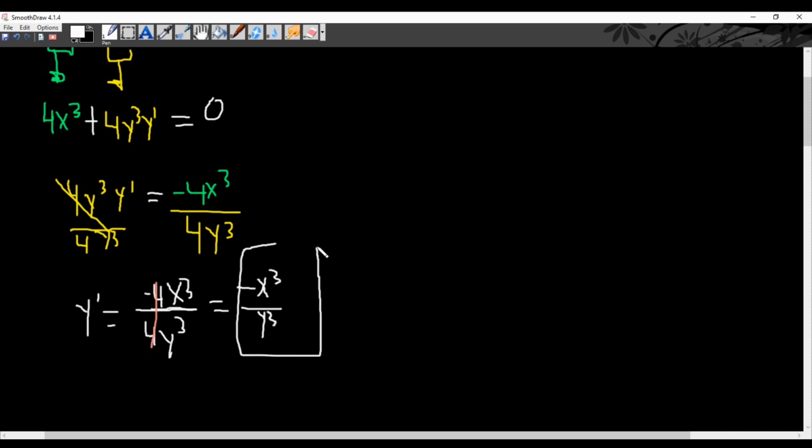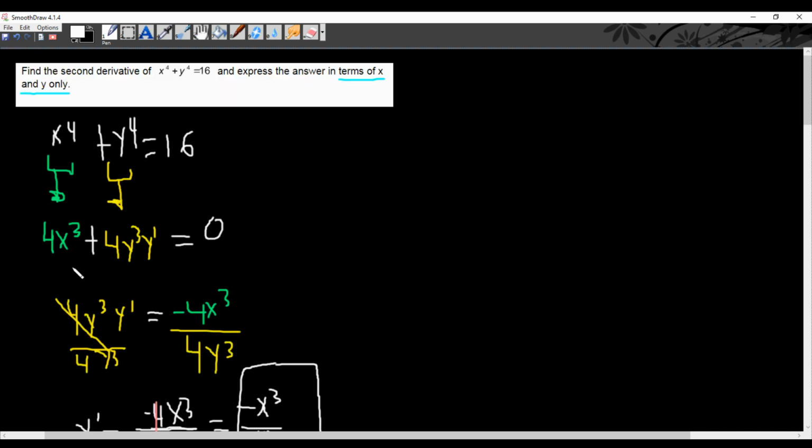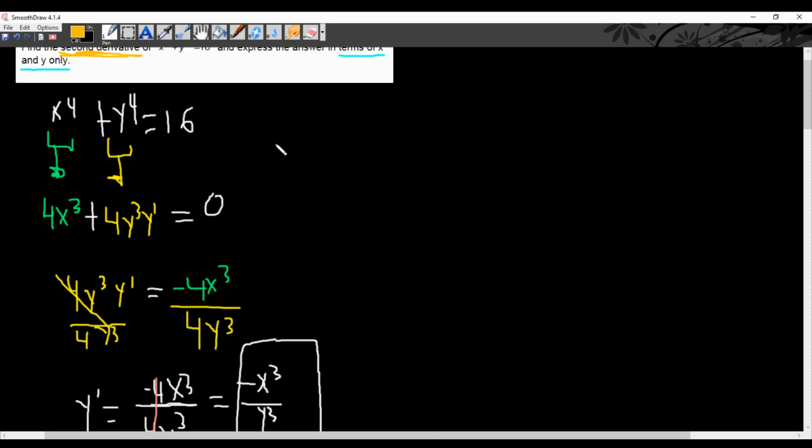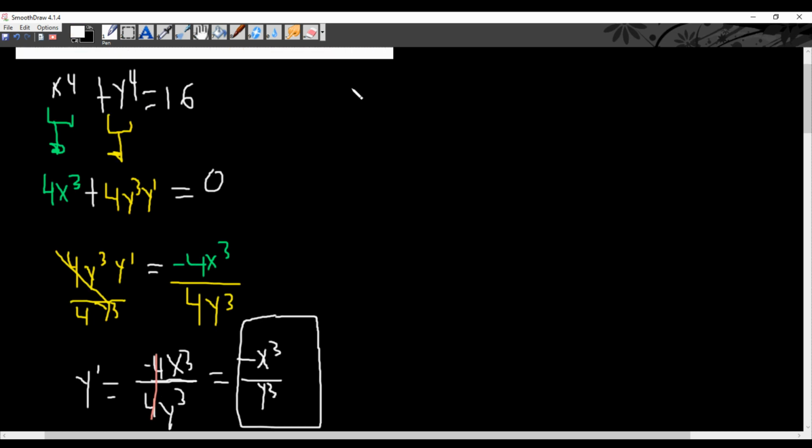So that's the first derivative. But the question, like I said, is asking for the second derivative. So from this portion, we need to know what the second derivative is in the first place.